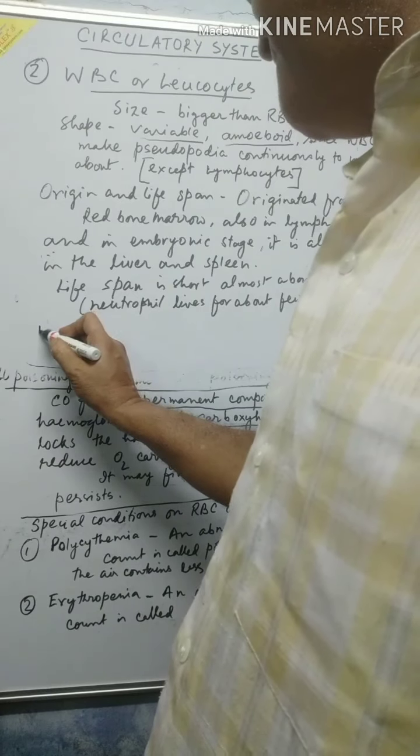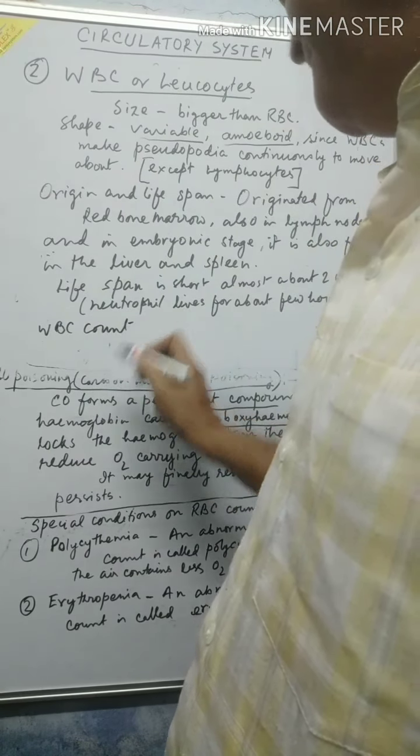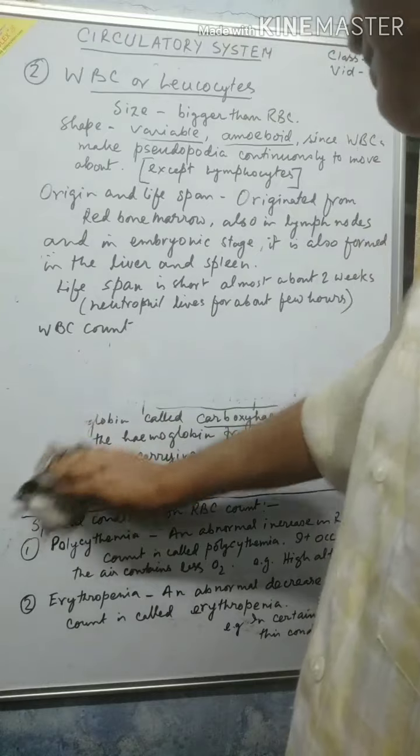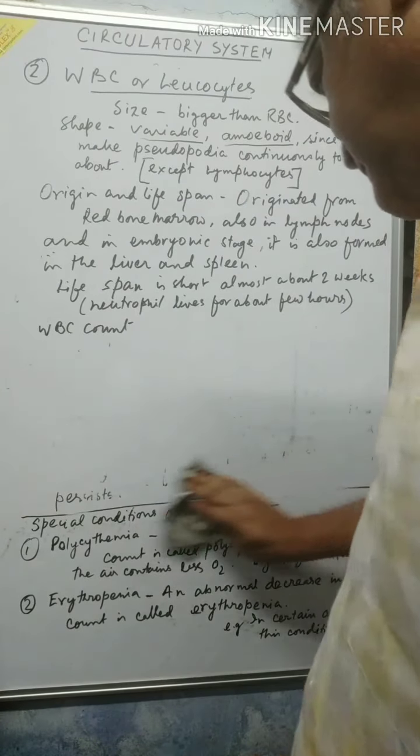WBC count. The normal WBC count in the human adult body is much less compared to RBC.